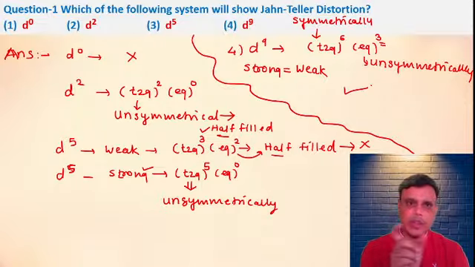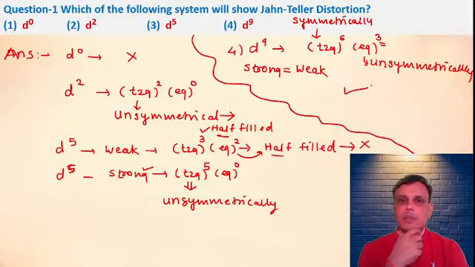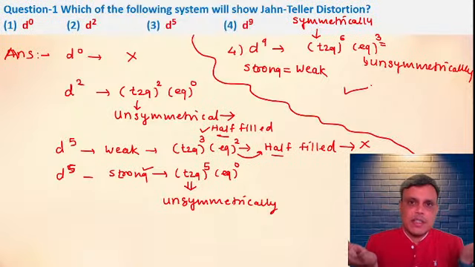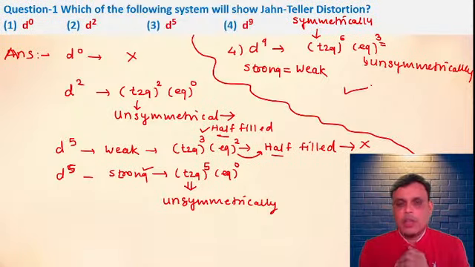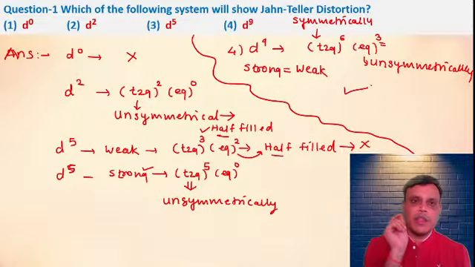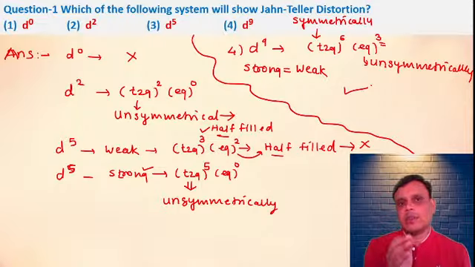So here I have given the d system. आप लोगों को हो सकता है कि d system नहीं देंगे वो लोग. They will give you an example, for example K3[Fe(CN)6], and they will ask you to predict whether this complex will show Jahn-Teller distortion or not. Then you have to find out the oxidation state, find out the d system, and then do the splitting based on the ligand present.